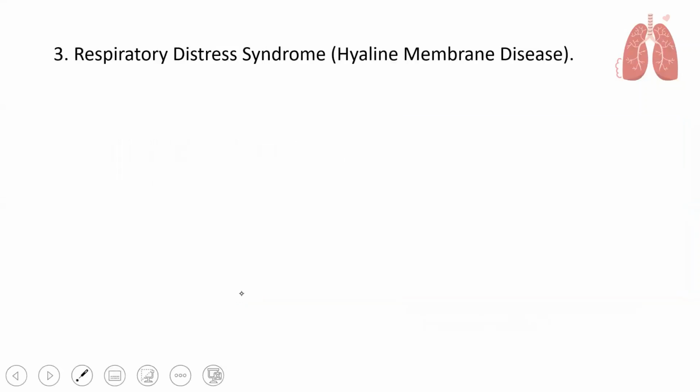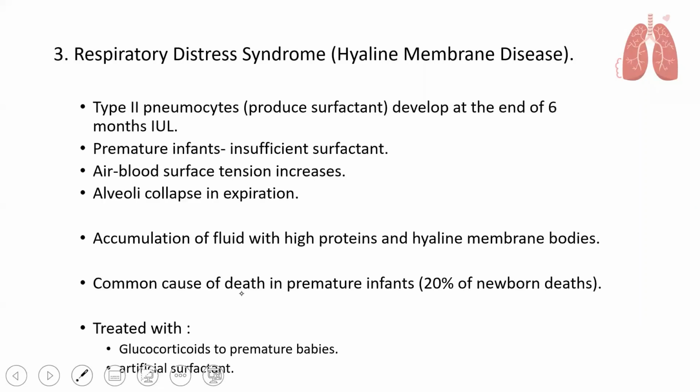Then we come to another important defect, respiratory distress syndrome or hyaline membrane disease. I already told you that type 2 pneumocytes, which produce surfactant, develop at the end of the 6th month of intrauterine life. So especially in premature infants who are born around 6 months, there will be insufficient surfactant.